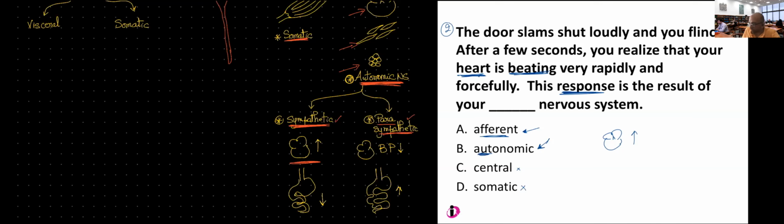I'm sending those signals to my heart. So it's motor and it's under involuntary control. It's autonomic. So this response is that the heart is beating very rapidly and forcibly.